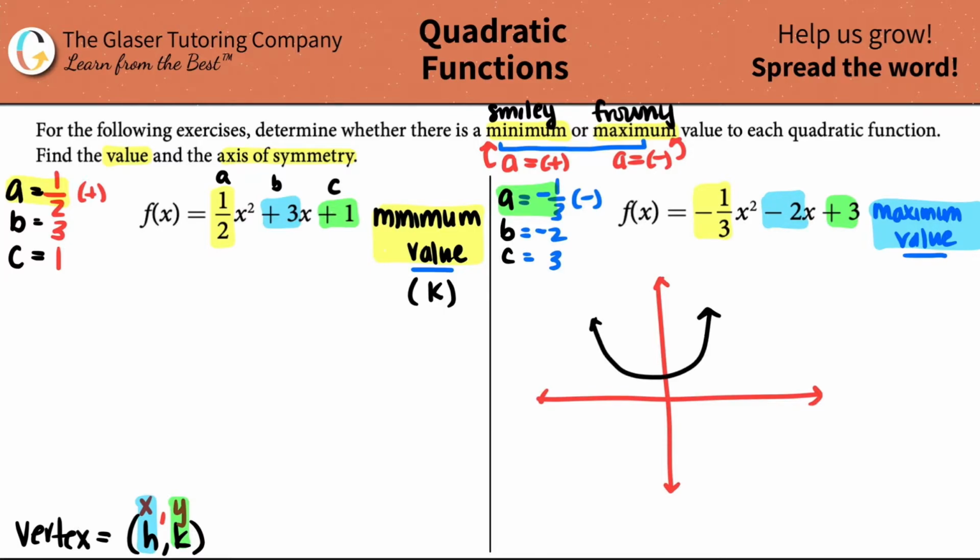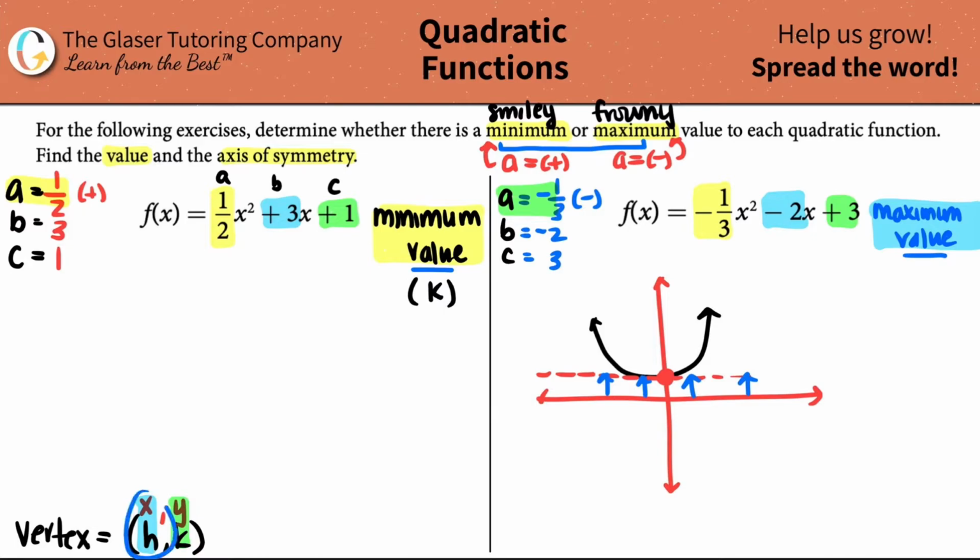The minimum would be showing you how high that minimum is. And if you're talking about how high, you're talking about the y-axis. So that's why that value is the k.